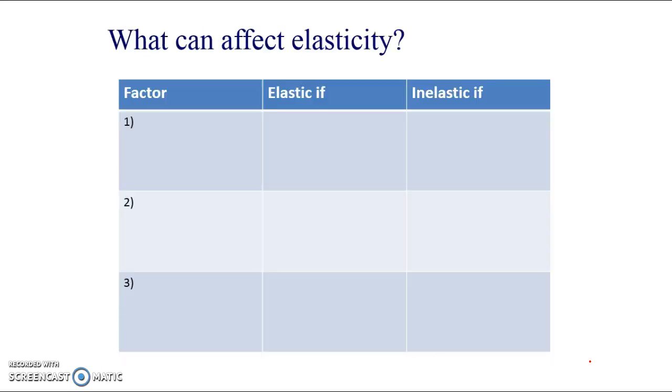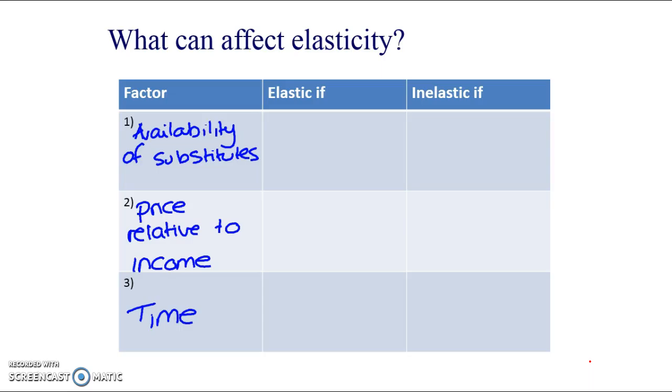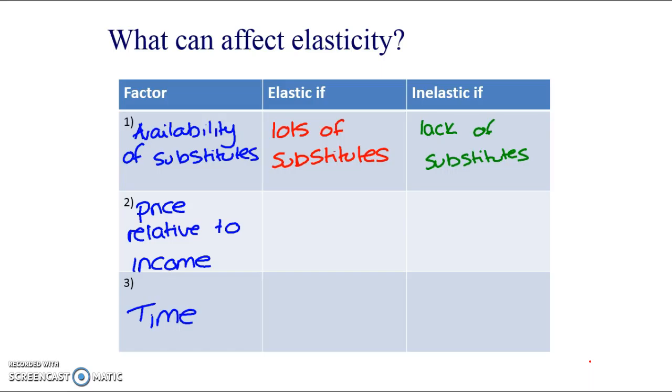Okay, so what can affect elasticity? What kind of things make products elastic or inelastic? Well, these are three of the most prominent factors. First, availability of substitutes. A product tends to be elastic if there are lots of substitutes, because, think about it logically, if the price increases and there are lots of close substitutes, you can very easily switch to one of those substitute products, whereas you can't do much about it if there aren't many substitutes around.